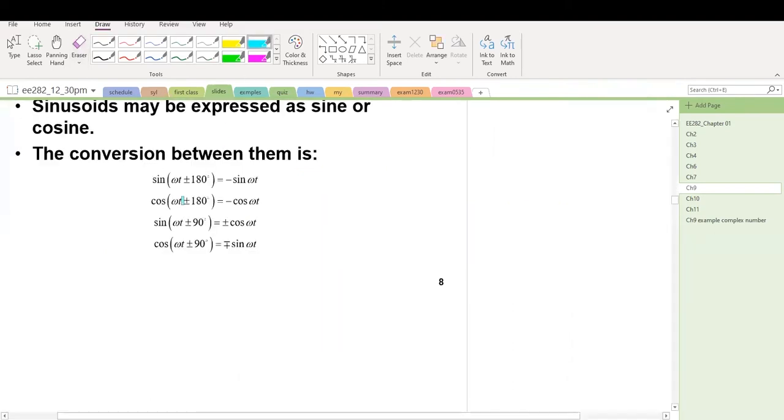Next, let's look at trig identities. We use them a lot. First of all, sin(ωt ± 180°) equals minus sin(ωt).